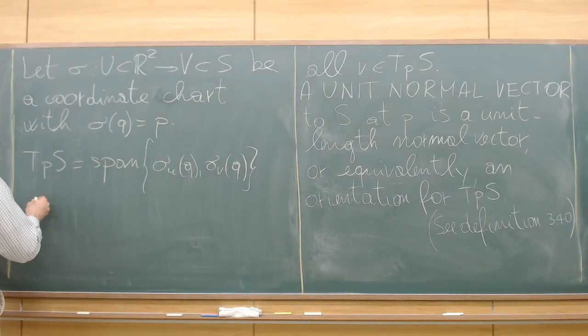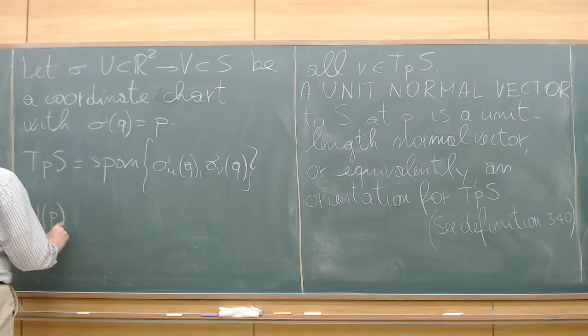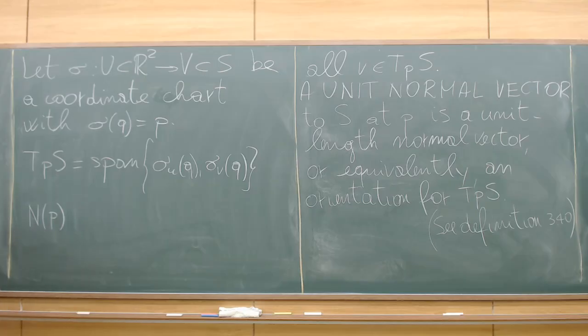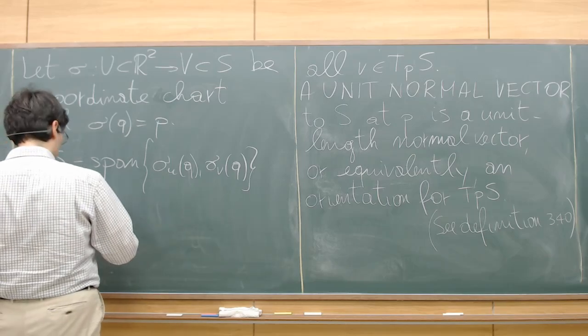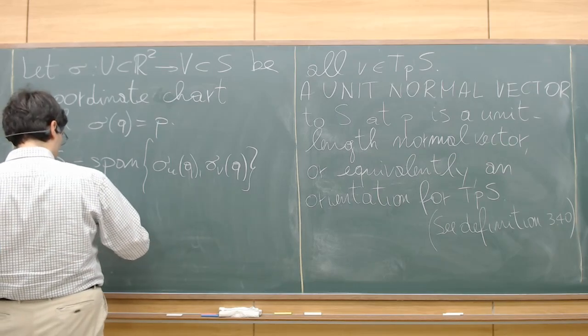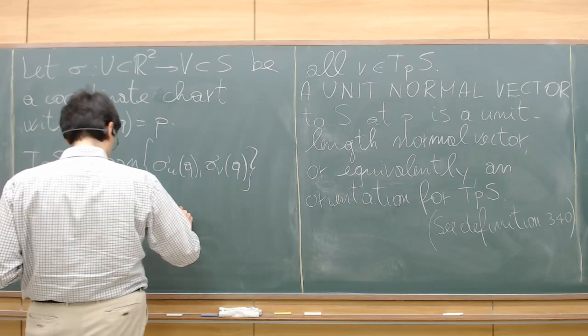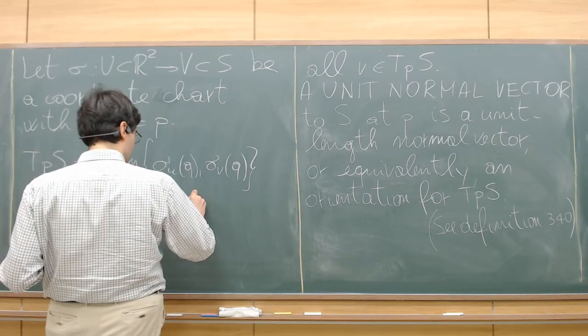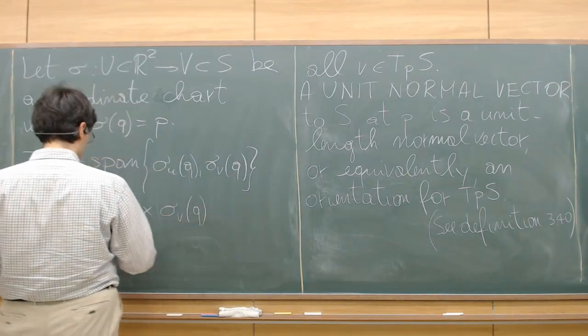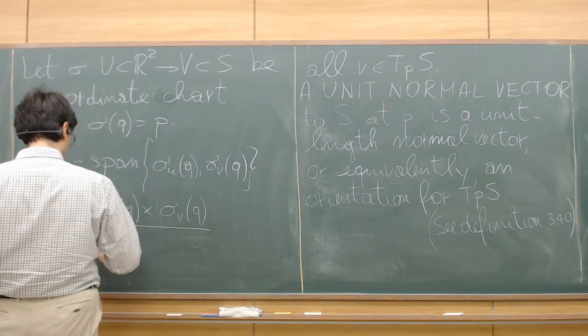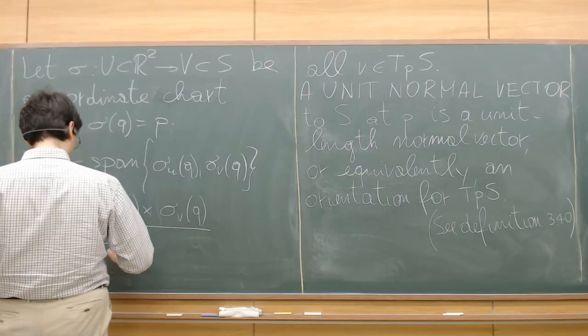Take n of P. This notation means the normal vector n at the point P as the cross product sigma uq and sigma vq, and we divide by the length of this vector.